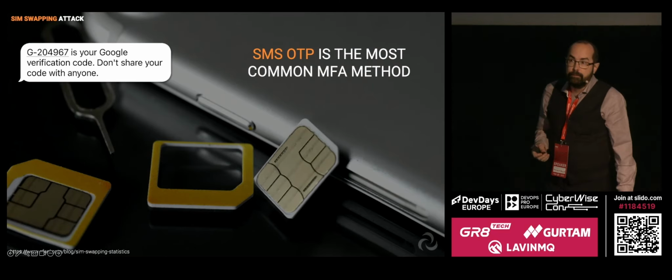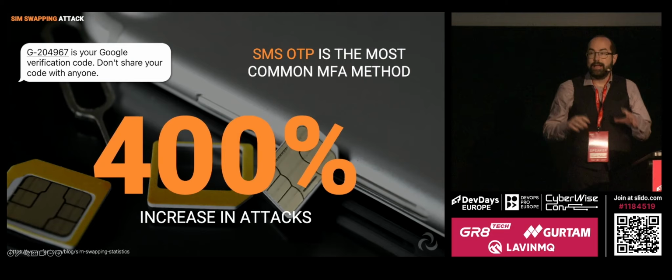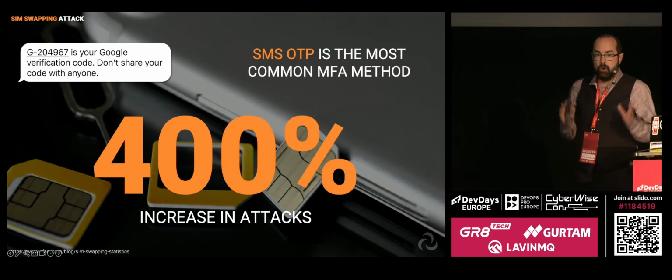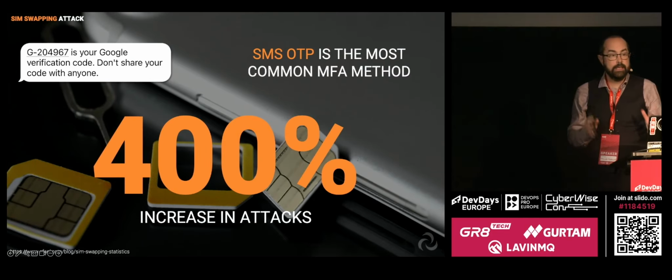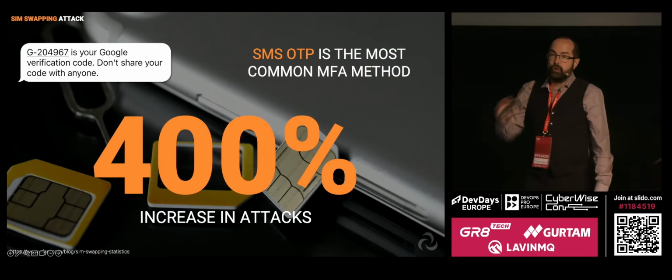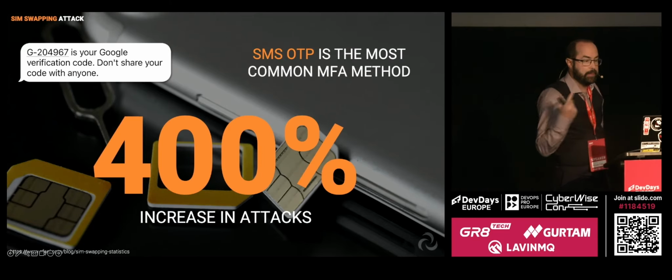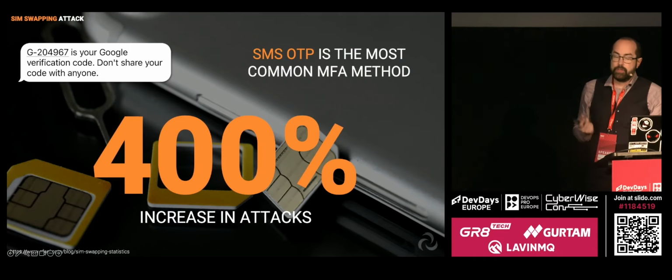And that's the problem. Because over the past years, attacks towards this have gone up by 400% because it's very lucrative. This is where the criminal gangs hang. Cryptocurrency sites are using this, banks are using this, and so on.